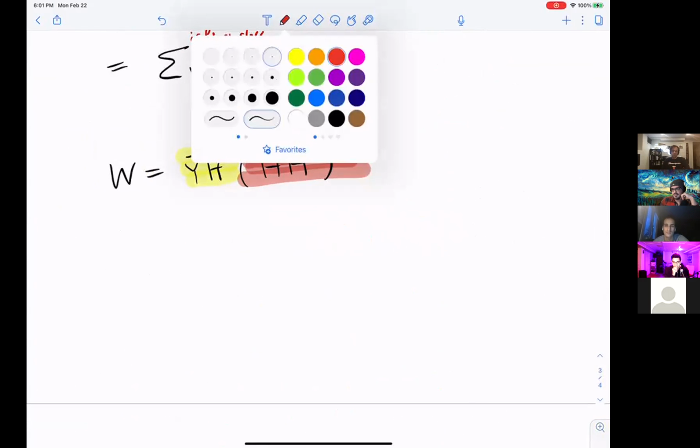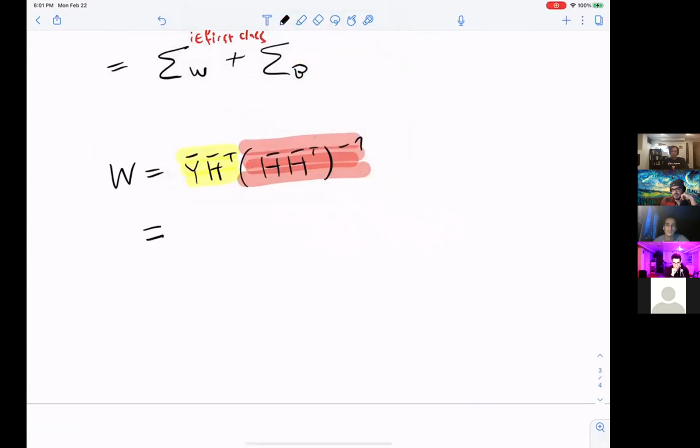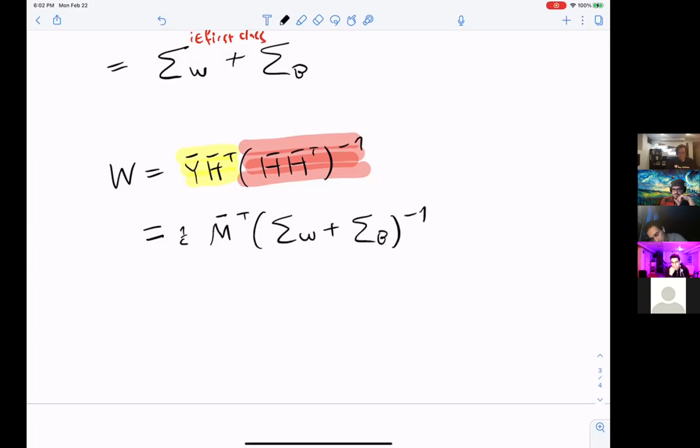But in reality, we can express this classifier using the terms that we've learned to love and cherish. Specifically, YH transpose is equal to M bar transpose, as we've seen. And there's actually a small scalar here, which is 1 over C, but let's ignore it. And H bar transpose is equal to sigma W plus sigma B inverse.